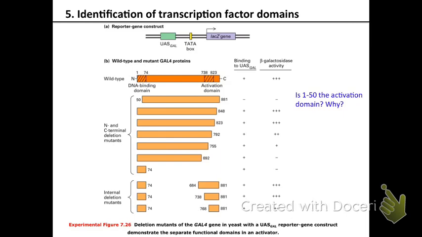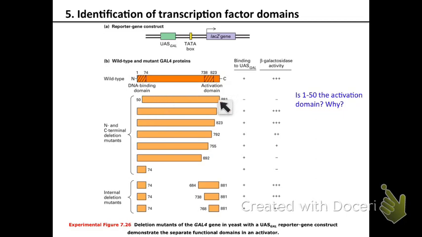Yeah, so now we're getting to that, right? We know the first 50 amino acids are where the DNA binding domain is located, because when you cut it off, you don't see any binding. Where's the activation domain? So you continue your analysis. You make a construct that contains the DNA binding domain, because you have to have it, otherwise you're not going to see an activation.